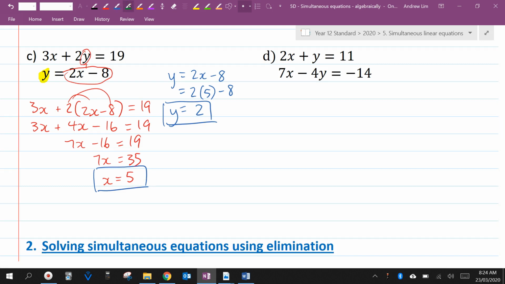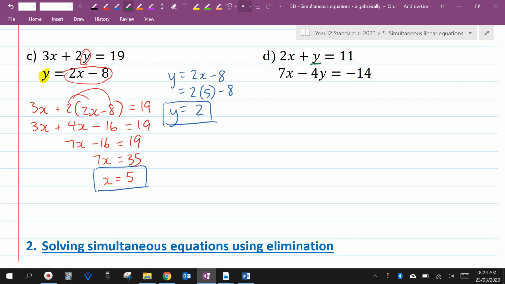For question D, none of these equations have any variables or pronumerals as their subject. So what we can do is we can rearrange one of them so that x or y is the subject. In this case, we can see that y by itself over here, that's nice and easy to rearrange. We don't need to divide anything.